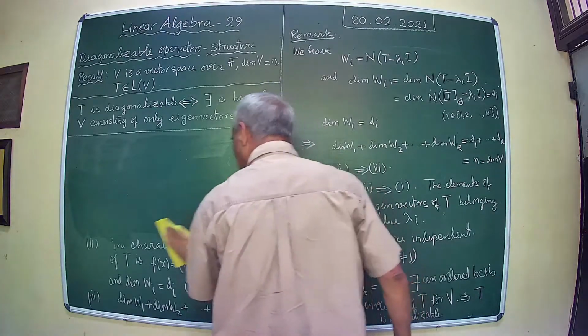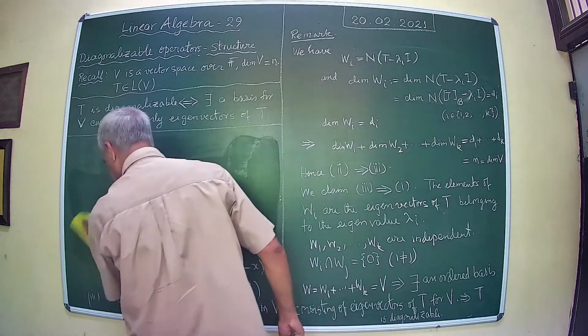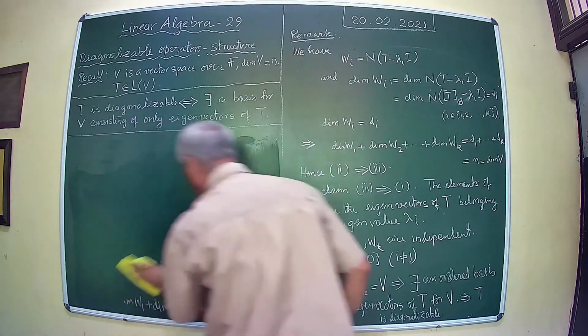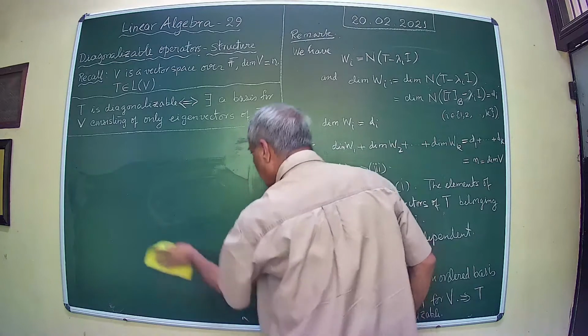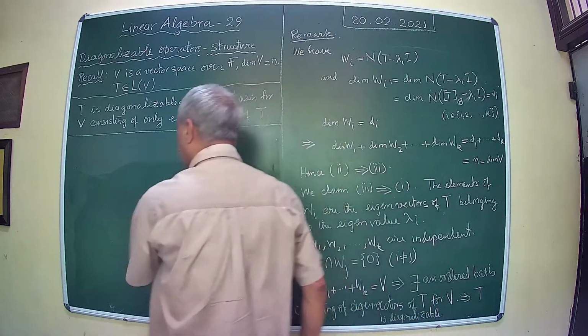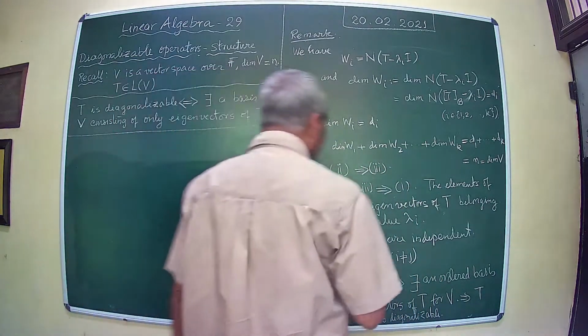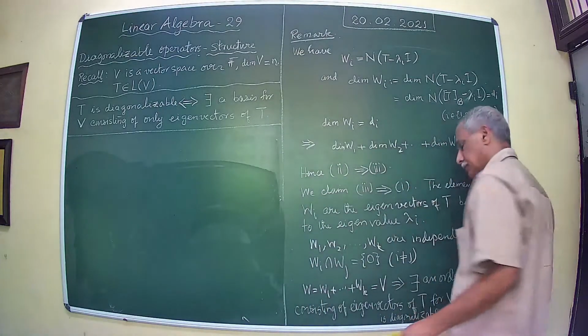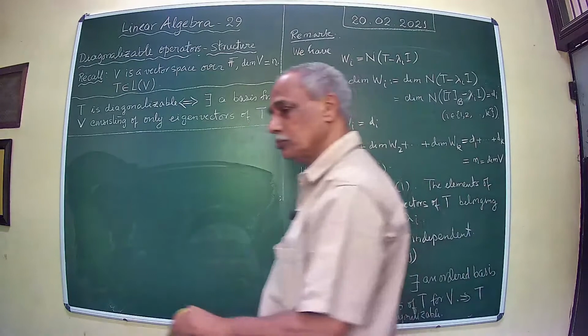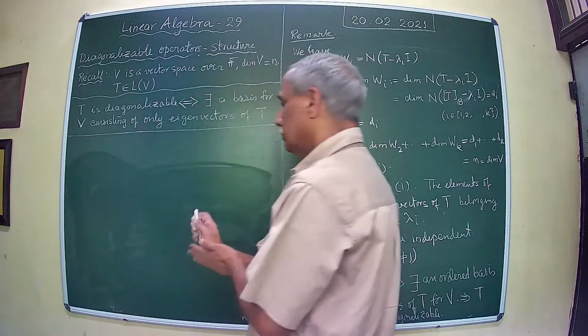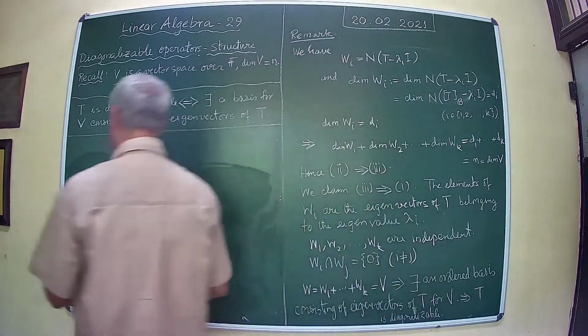Now we shall also make one observation, that whenever T is diagonalizable, then f(T) equals 0. So we shall prove this.